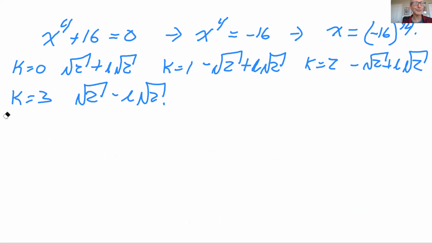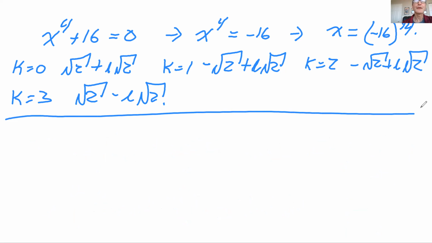So I wanted to do this one all the way through. And let me just show you another one that you could probably do in your head. Say you wanted x to the fourth power minus 16 equals 0.